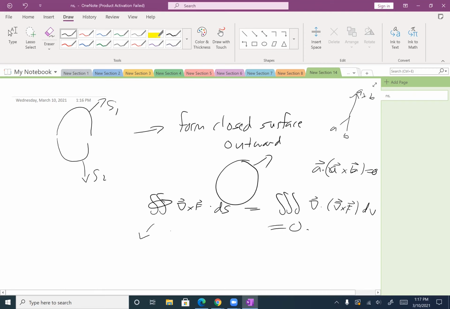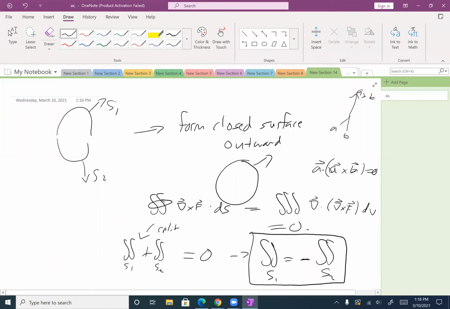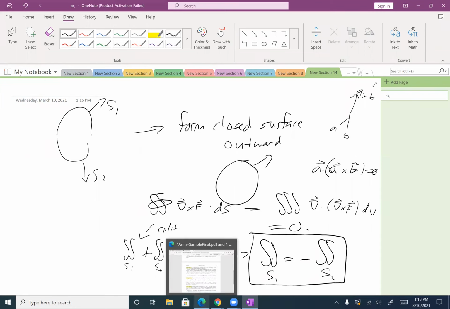If you split this up, you get an S1 integral plus an S2 integral. Because these things are 0, surely S1 is negative S2. Okay, so that was just another way to say that.